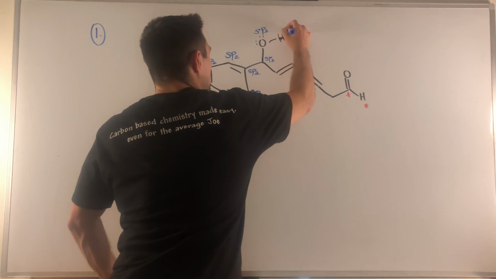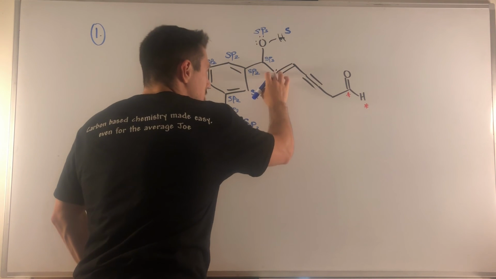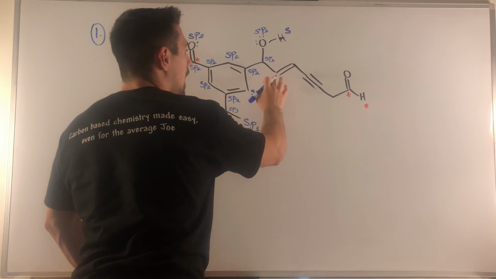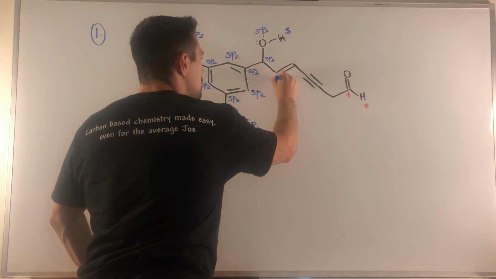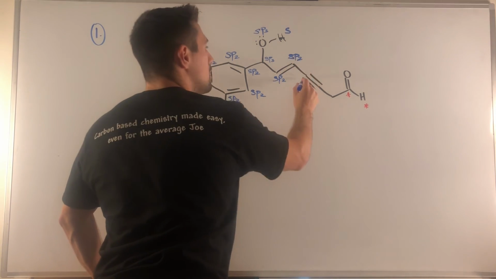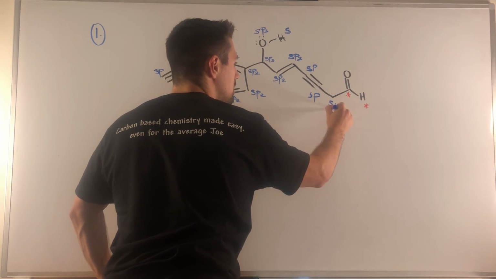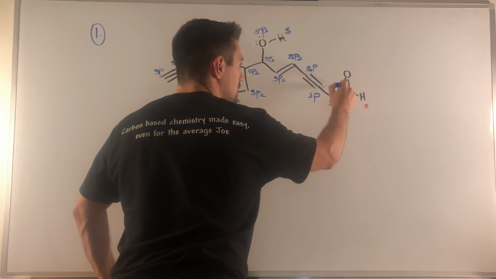It has an s hybridization. That's it. It's just s. This carbon right here has a bond that we haven't drawn to hydrogen. 1, 2, 3, sp2. I think I can go a little faster now. sp2, sp, sp, sp3. Three bonding areas, sp2.